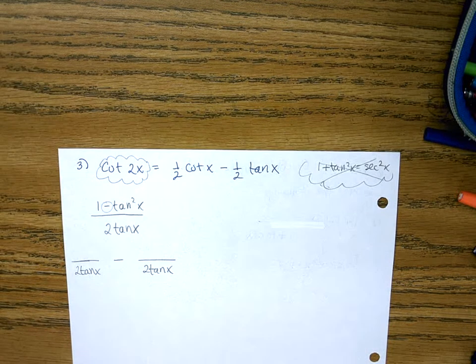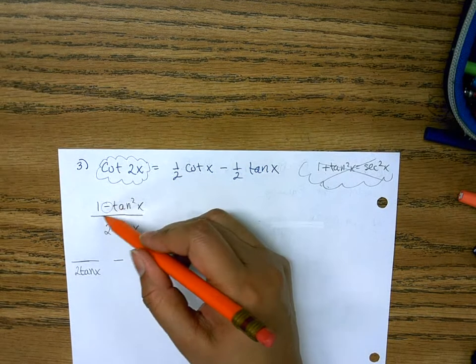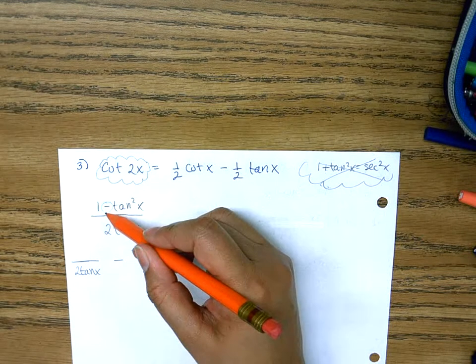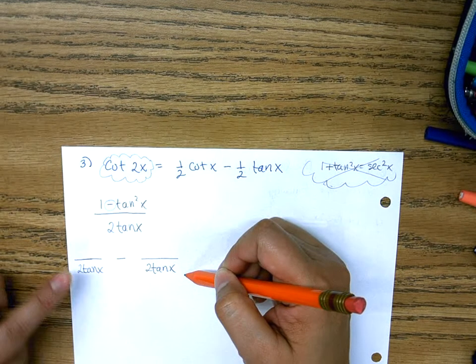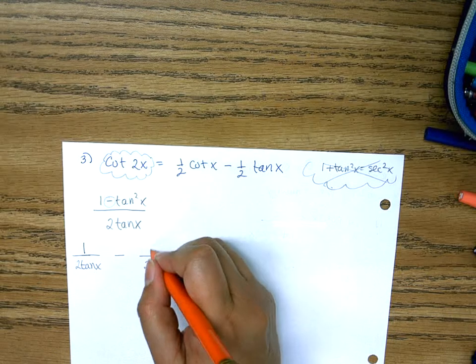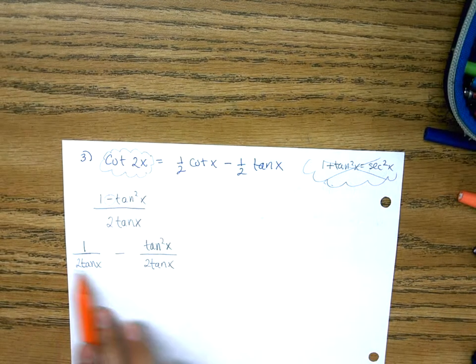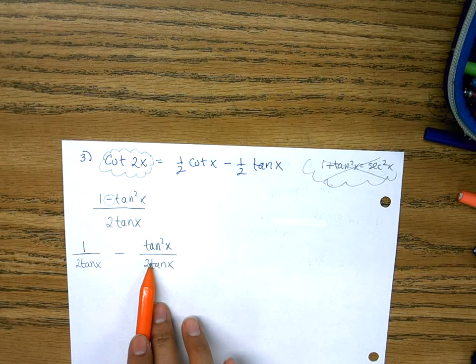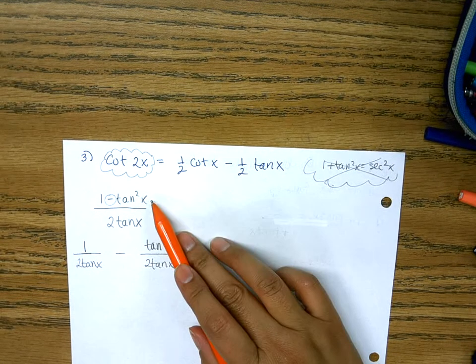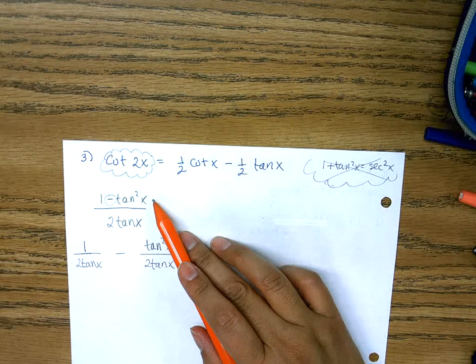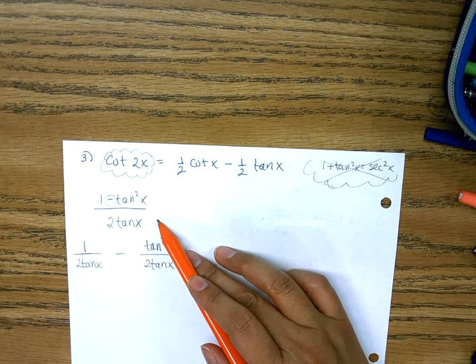Again, I know that because I'm splitting, whenever you split an addition or subtraction, there needs to be a common denominator. 1 on the top of this one and tangent squared on the top of the second one. If I were to give you this and ask you to combine this as one fraction, you would write it like this: 1 minus tangent squared over 2 tan x.